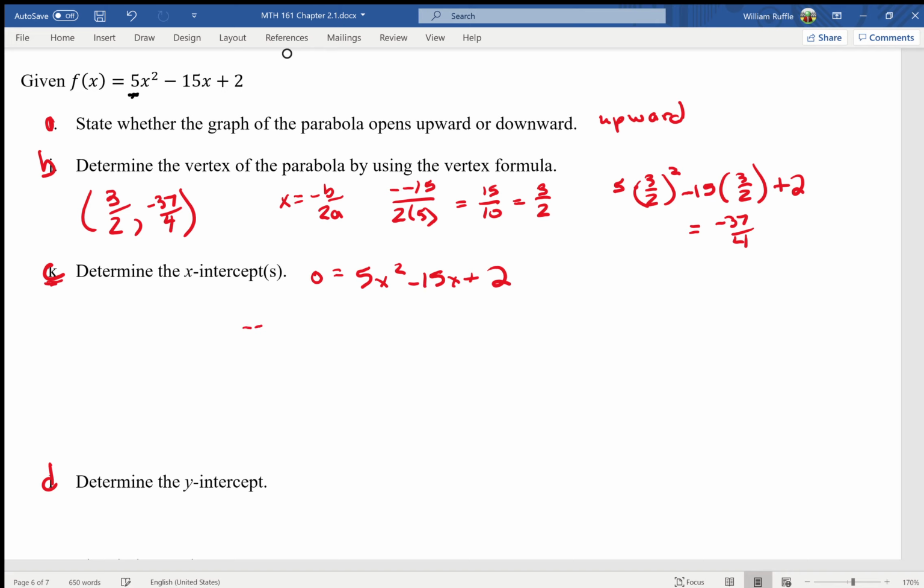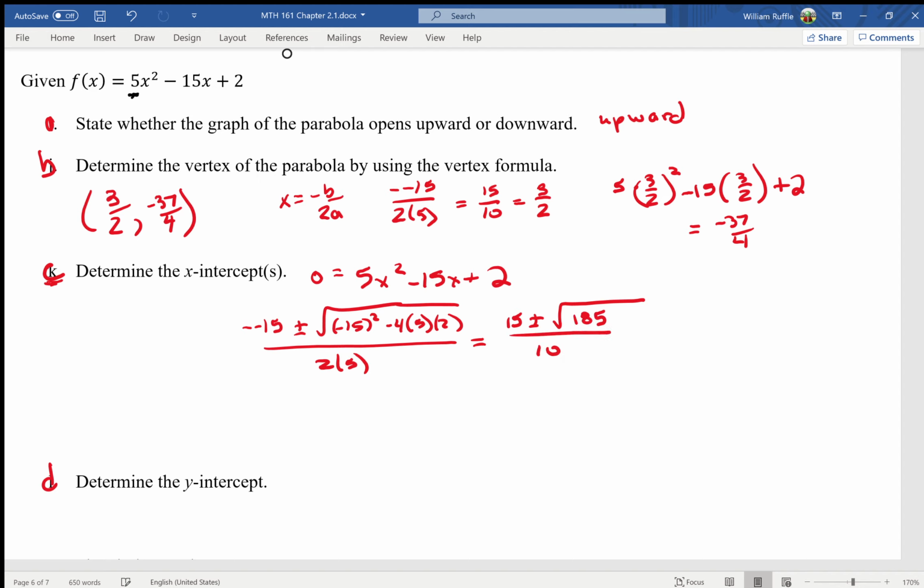So again, negative negative 15 plus or minus the square root of negative 15 squared minus 4 times 5 times 2, all over 2 times 5. So negative negative 15 is just positive 15, plus or minus. Now, I'm just entering this into the calculator here. Everything under the square root, I'm taking a calculator, and it's 185 all over 10.